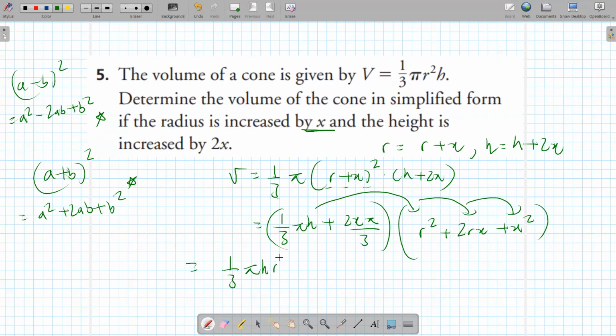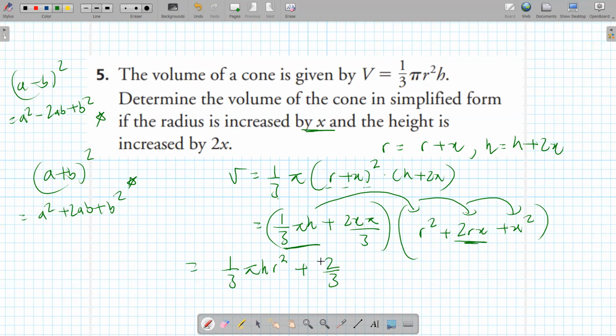So pi h r squared plus, I'm going to do this guy with the second guy. When you multiply them, what do you get? So 1 over 3 times 2 is 2 over 3, right?